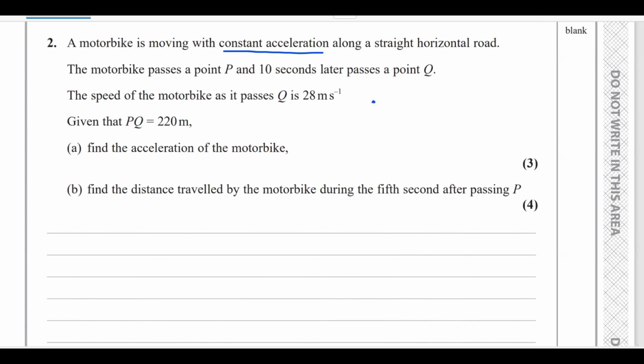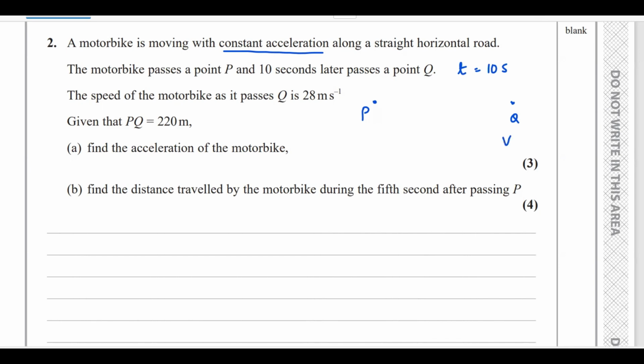So let's draw this. Let's say the point P is over here and point Q. And now 10 seconds later, so the time is given as 10 seconds. Now the speed of the motorbike as it passes Q is 28 meters per second.